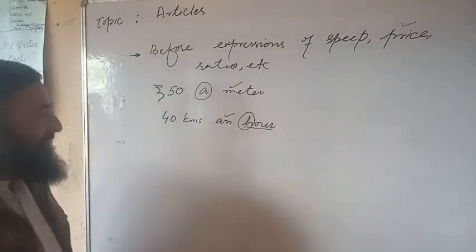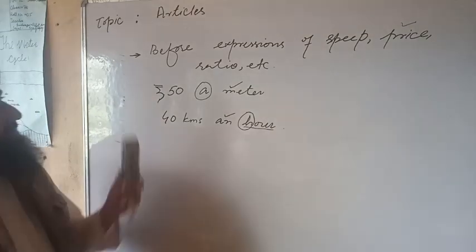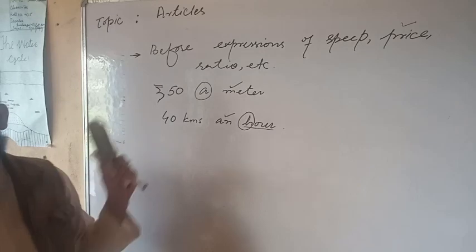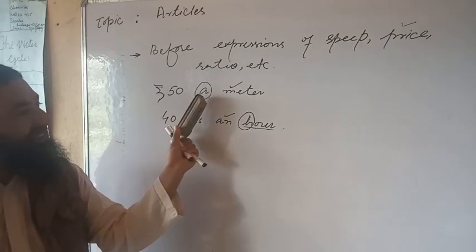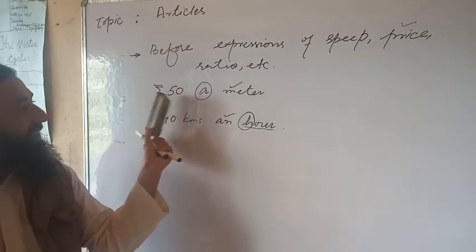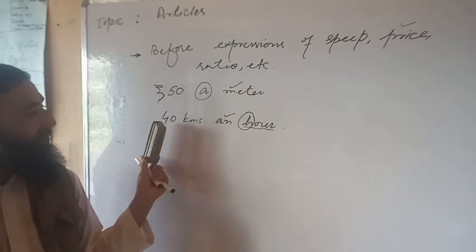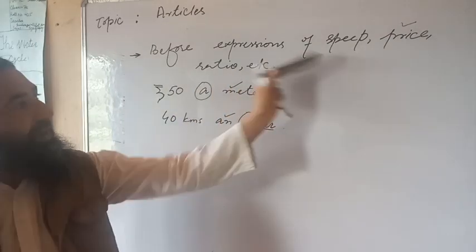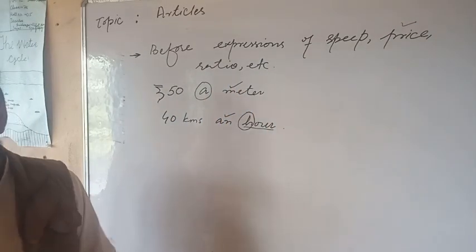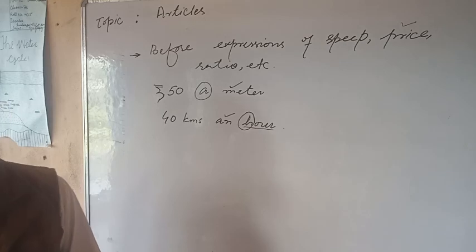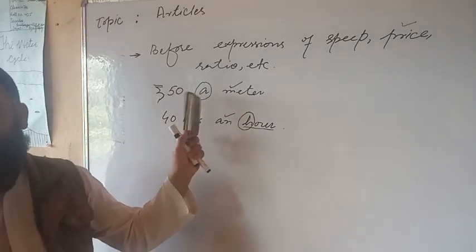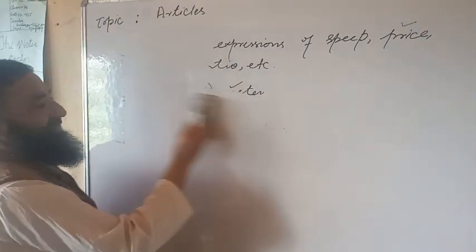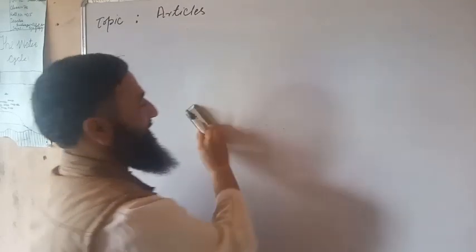So before expressions of speed, price and ratio we use the indefinite article a or an, like fifty rupees a meter, forty kilometers an hour. Okay, it's clear. Now we'll move to omissions.